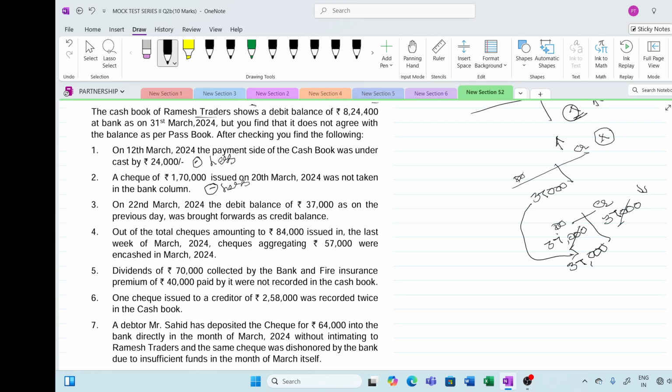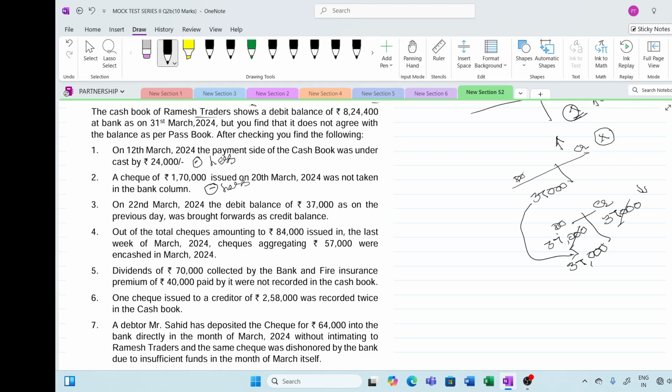So in the bank column, here I made the mistake. In the bank, the balance would have been 74,000 more, because it should appear as plus. I put it as minus. Even if you put 37,000 extra in your bank account, it will only nullify the mistake.